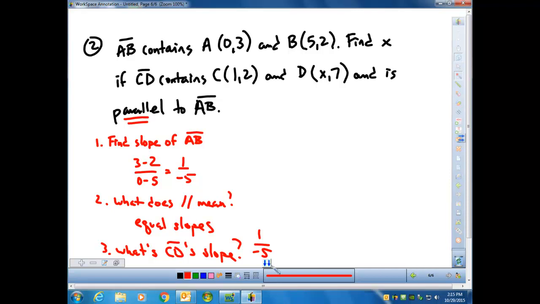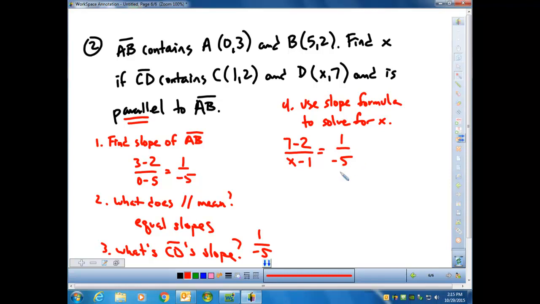So last step now. We're going to use the slope formula one more time, and we're going to plug in the points for CD, but since we don't know what x is, we're going to have an answer for this, and we know the answer is negative 1/5. So 7 minus 2 over x minus 1 has to equal that slope we just found, negative 1/5. How do you solve this?